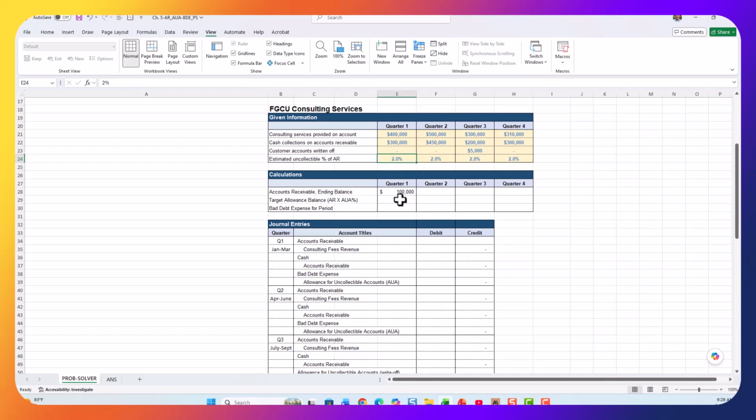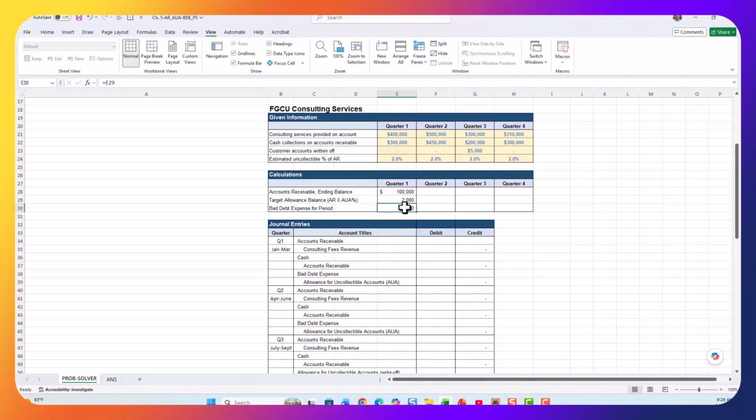That determination is made by the management team based on historical trends and industry standards. We take that 2%, multiply it by the ending balance of $100,000, and we get a target balance of $2,000. The bad debt expense reported for the period is the amount that'll take our prior balance in AUA, which is zero, to $2,000. For the first quarter, it's $2,000.